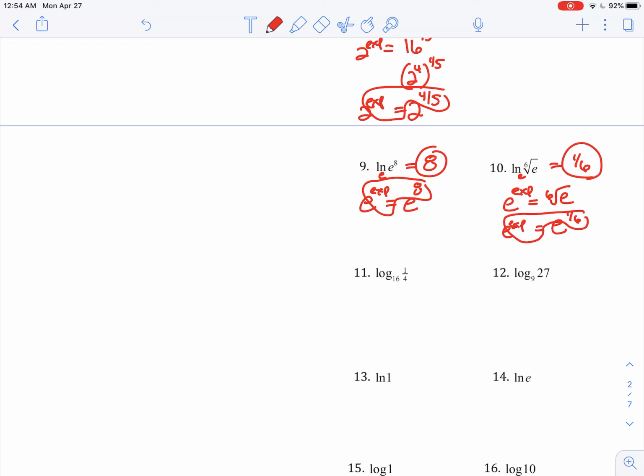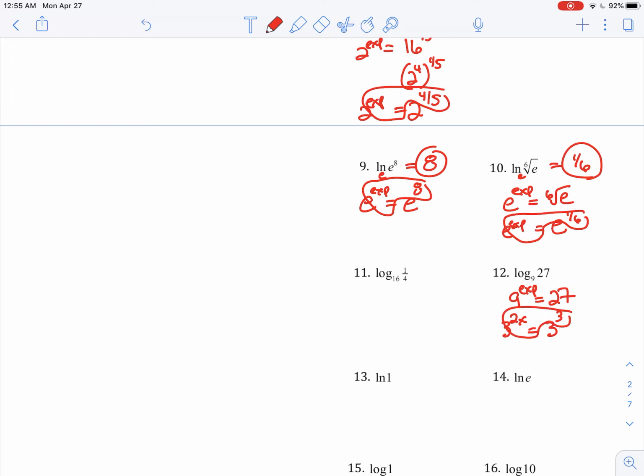If we jump down to 12, the log of 27, base 9. 9 raised to what exponent gives you 27? Well, in order to solve for the exponent, if you can get like bases, you want to try to do so. 9 and 27 both can be rewritten with base 3. 9 is 3 squared, and 27 is 3 cubed.